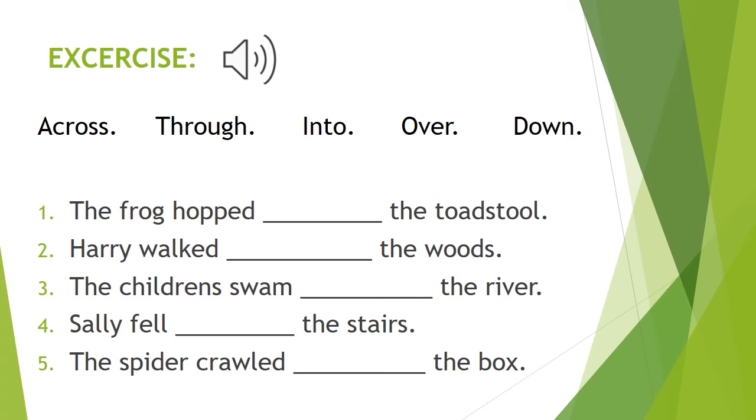Down. Down means from a higher place to a lower one. For example, a waiter puts a tray full of cake down on a table. Now you have to listen to this audio carefully, then write the correct preposition in each of the blanks.